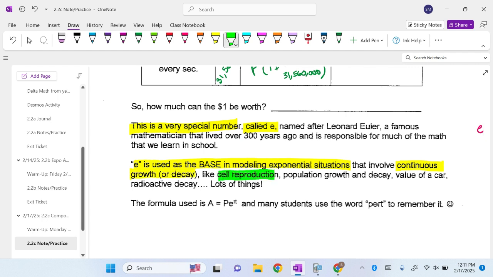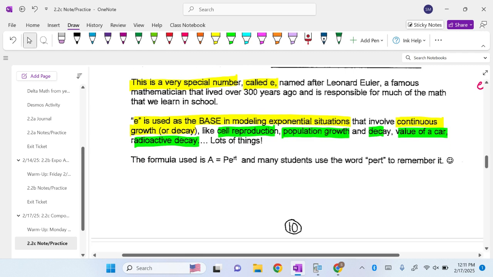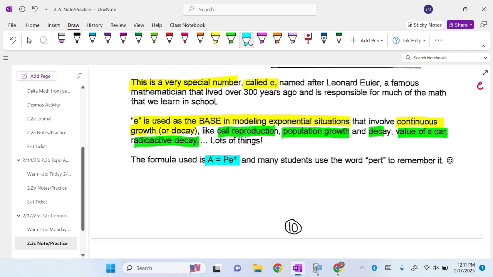A lot of times this represents cell reproduction, population growth, decay, value of a car, radioactive decay, lots of things. A lot of times it will flat out say the words compounded continuously. The formula for compounded continuously is A equals P E raised to the rt.